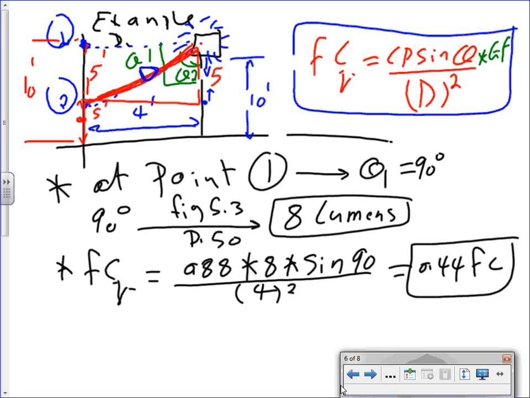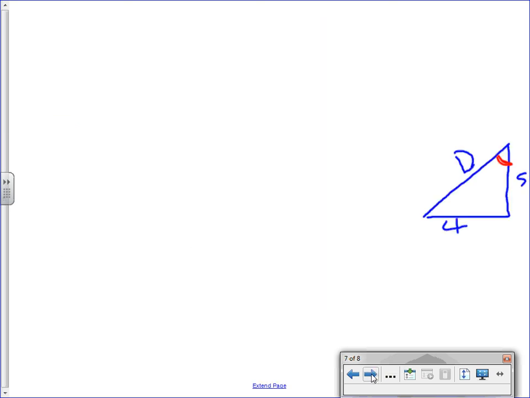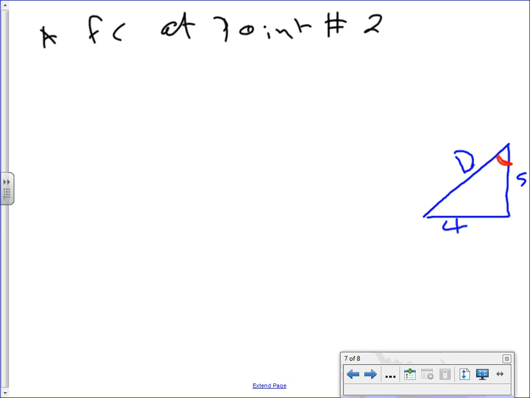So let's go do the calculation at point 2. Foot candle at point number 2. Here's the angle, here's Q2. I have 5.